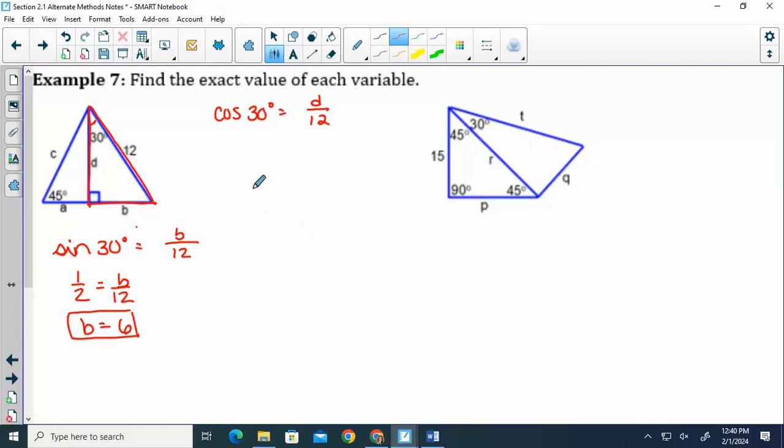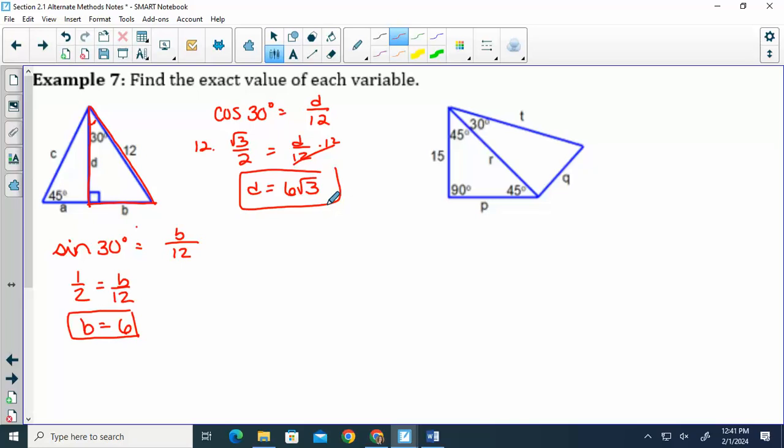All right, what is the cosine of 30 degrees? So if I multiply by 12, 12 divided by 2 is 6, so we get 6 radical 3. I expect radicals, no decimals on these.